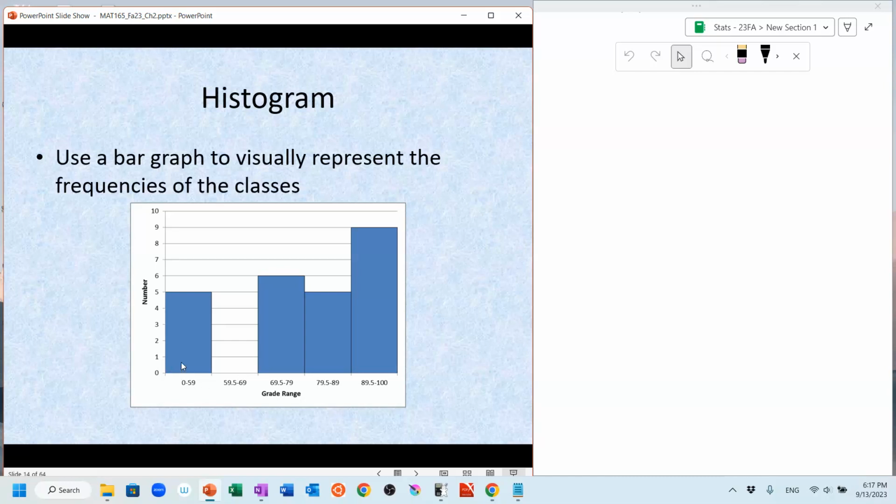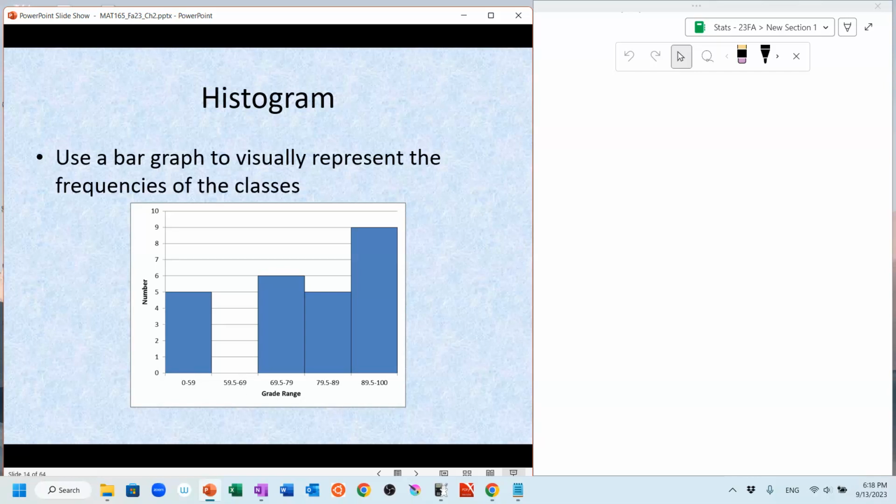So how do we create a histogram? Well, we just have our classes and our frequencies. We see that the class 0 to 59 had frequency 5. We can look back in our notes and see that from the frequency distribution. So we draw a bar of height 5 and width that is constant. The next bar over, well, this class actually had frequency 0. We don't omit this.